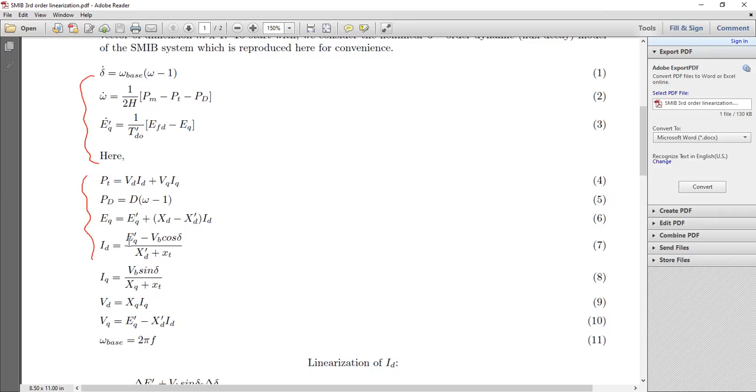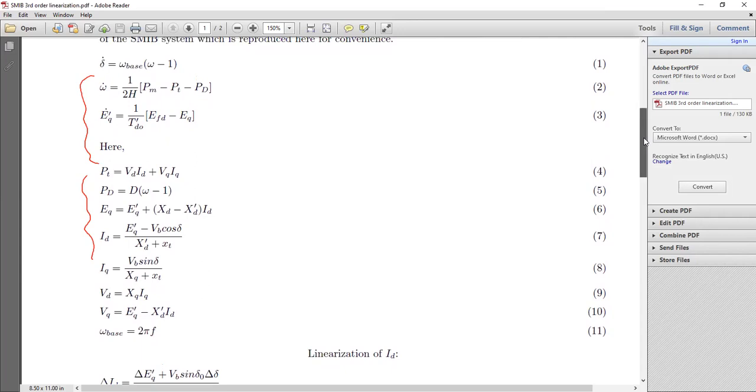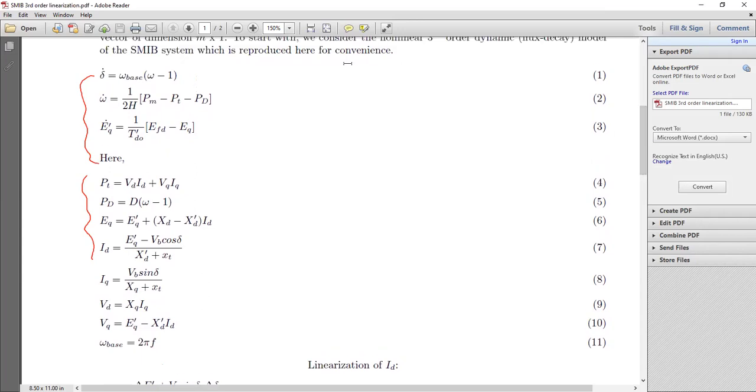ID is expressed as Eq dash minus VB cosine delta divided by XD dash plus XT, and IQ is VB sine delta divided by XQ plus XT. And omega base is the base frequency, which is 2 pi f. So now we have to find out which of these variables or expressions should go for linearization. Let's go one by one.